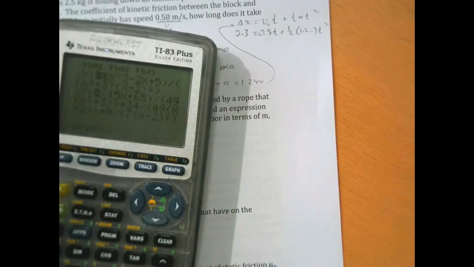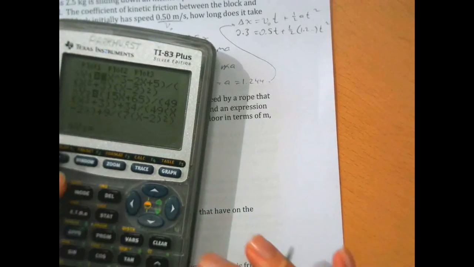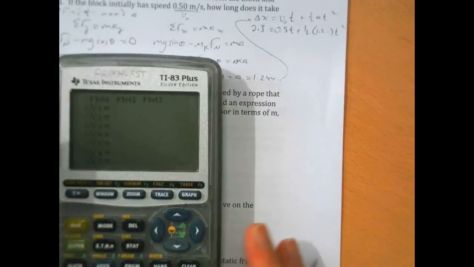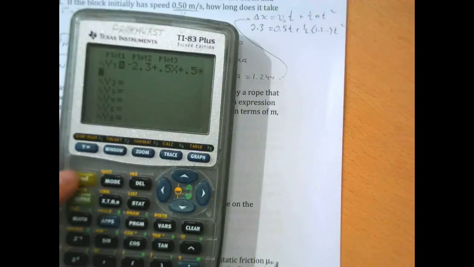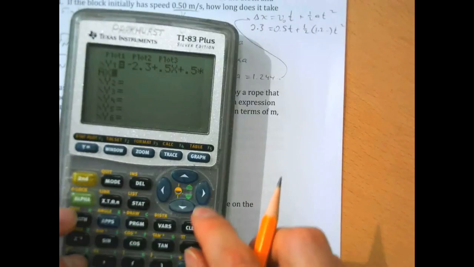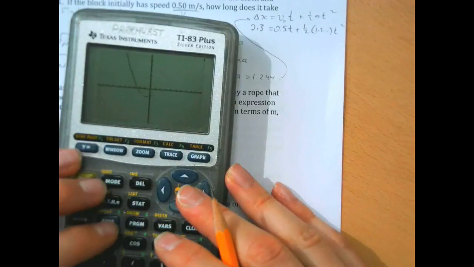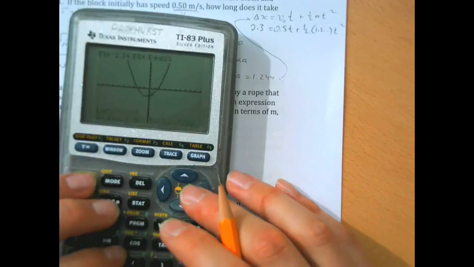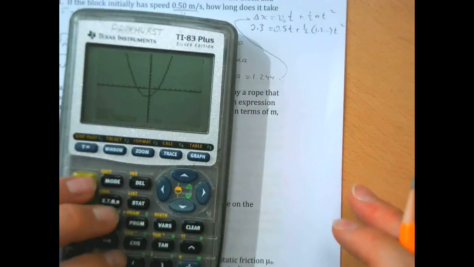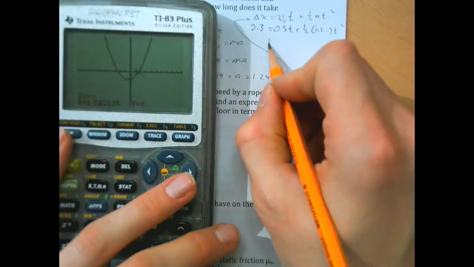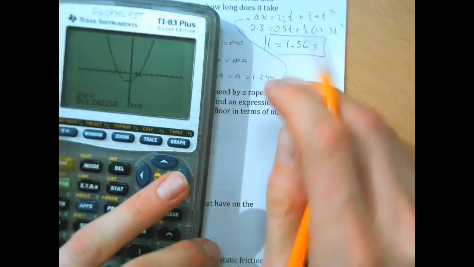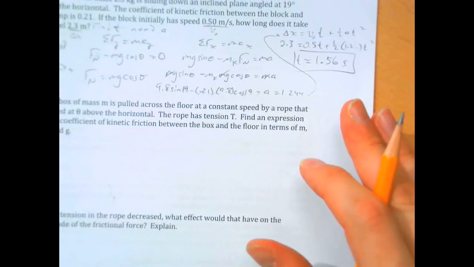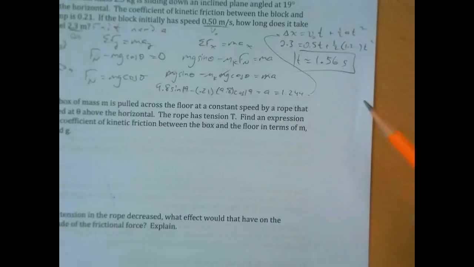So then we take 2.3, move it over to the other side, and get 0 equals minus 2.3 plus 0.5 t plus 0.5 times a times t squared. We get time is about equal to 1.56 seconds. I'll put a few more spaces there when I print out the note packet next time.